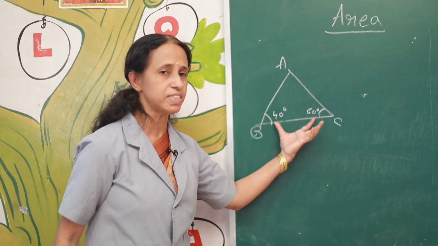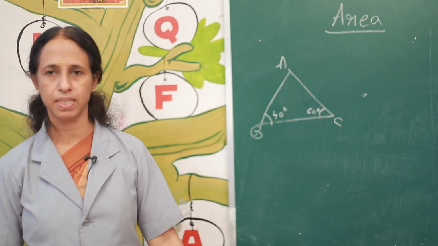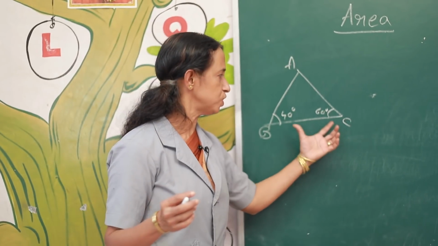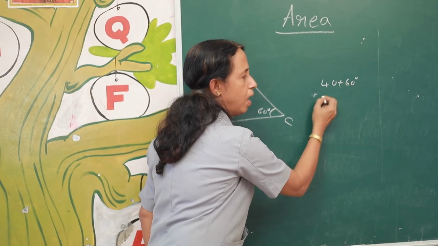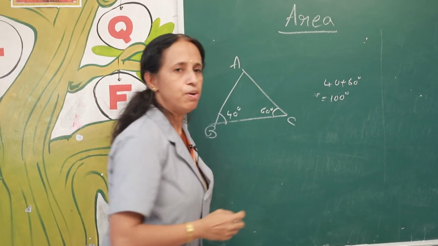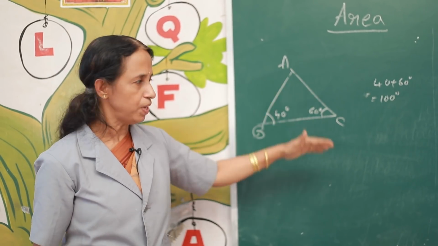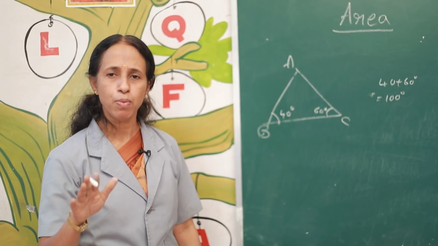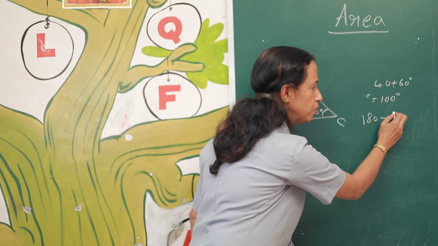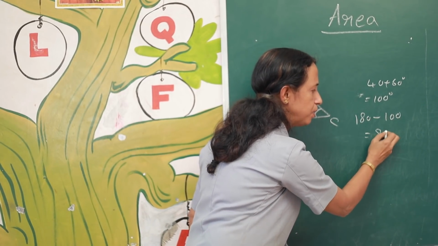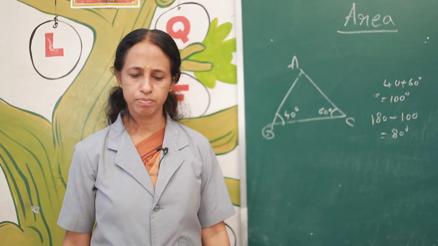What is the sum of these angles? 40 plus 60 is equal to 100 degree. Find angle A. We know that the sum of the angles is equal to 180. 180 minus 100 is equal to 80 degree. The third angle is equal to 80 degree.